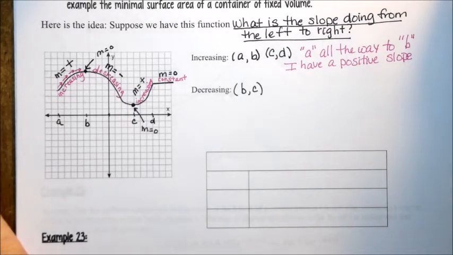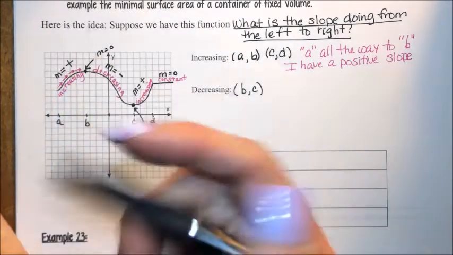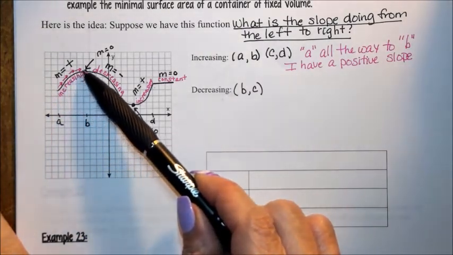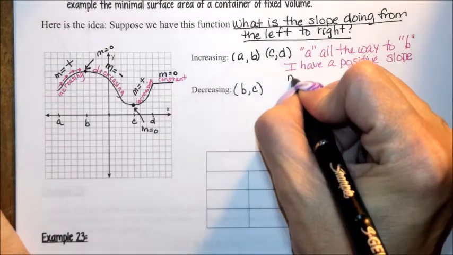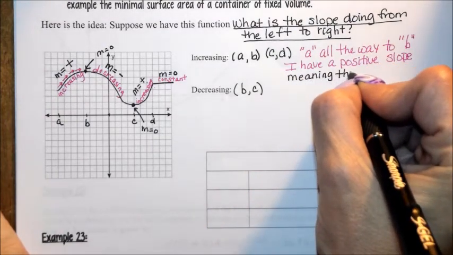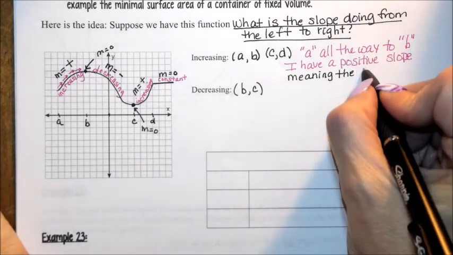Meaning, what does that mean? If I have a positive slope, that means the function is increasing. I'm going to put that too. So when you go back to look at your notes, you'll have these words, meaning the function is increasing.